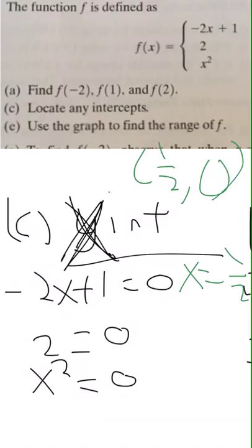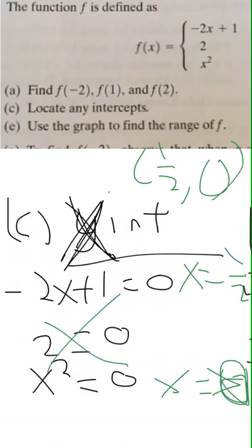And since for the second equation, 2 can never be equal to 0, there's no x-intercept there. For the third equation, there would technically be an x-intercept where x is equal to 0. However, since 0 is not in this part of the domain, we exclude that as well.